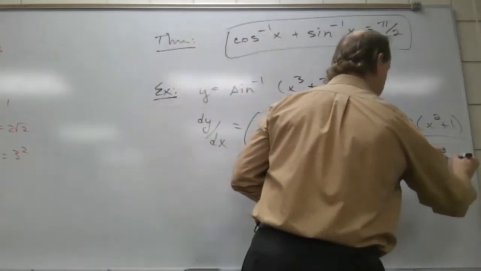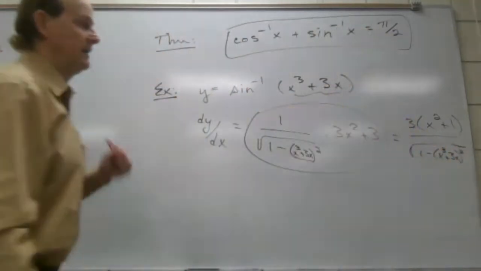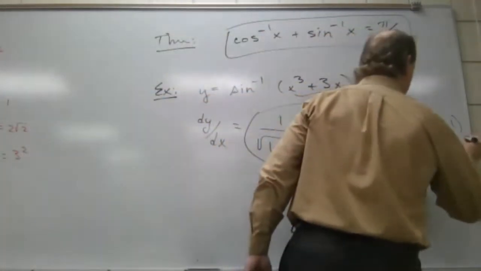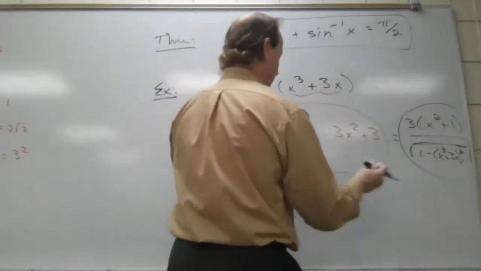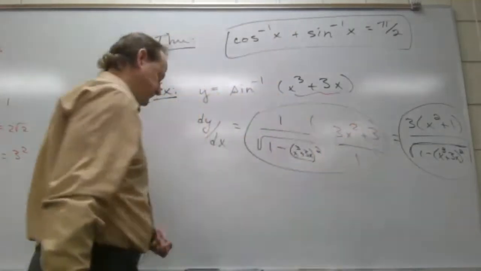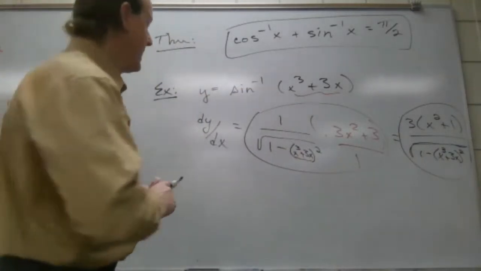So x cubed plus 3x, quantity squared, 1 minus that under the radical. Either one of these is correct. Basically I just made this over 1 and multiplied the numerators together, etc. So anyway, we have that.